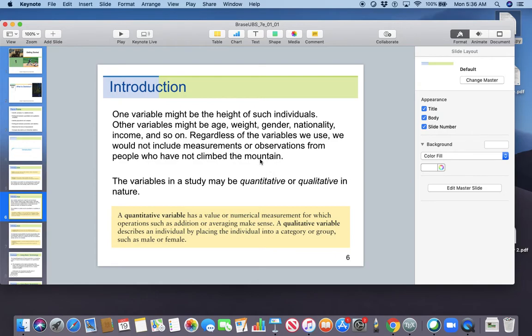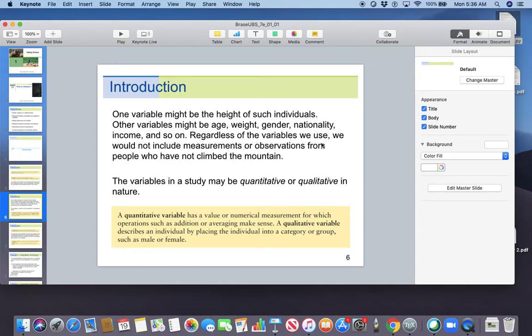So you are studying various individuals. What exactly are you studying about them? You could be studying their height, right? You could be comparing different heights of different people. You could be studying their age or weight, gender, nationality, income, and so on. Such characteristics are called variables.